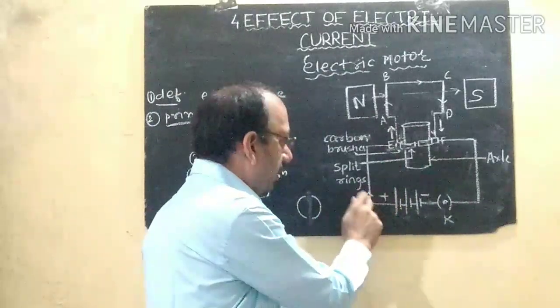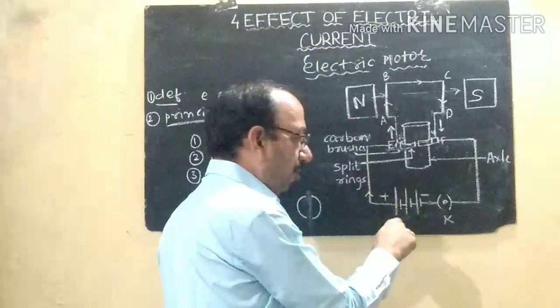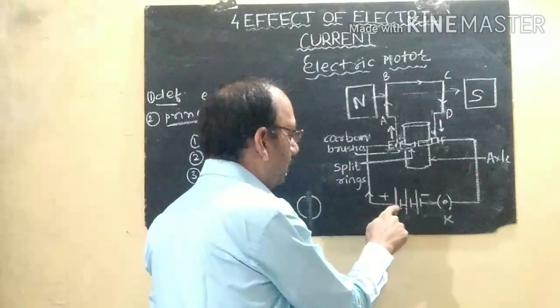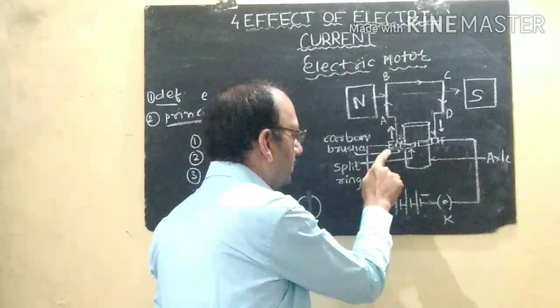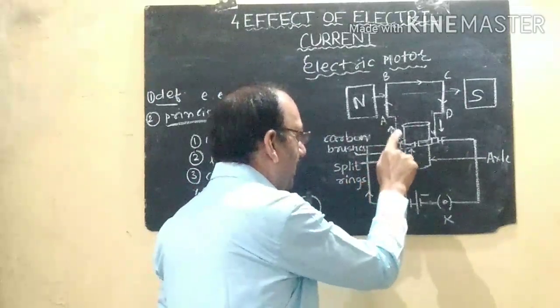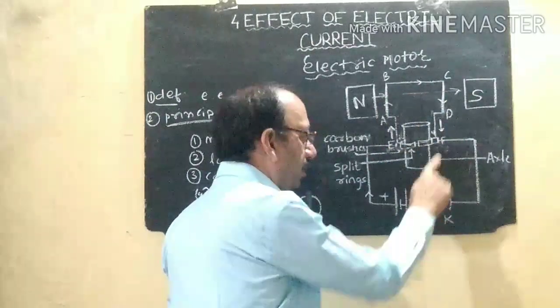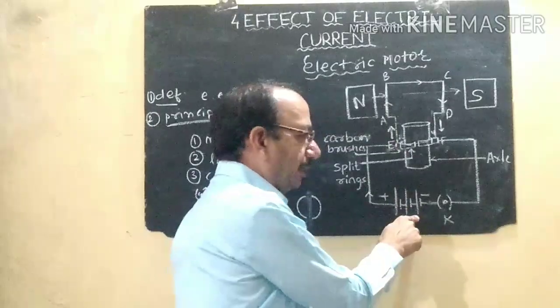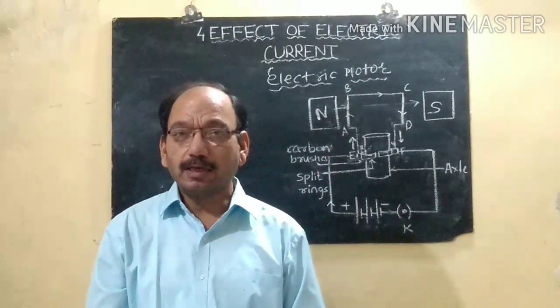The positive terminal is connected with E. You can again observe the direction of current from this positive terminal connected to the brush E. Then in this direction it passes A, B, C, D, F, and this end will be connected to the negative terminal. Now we are going to learn about the working of the electric motor.